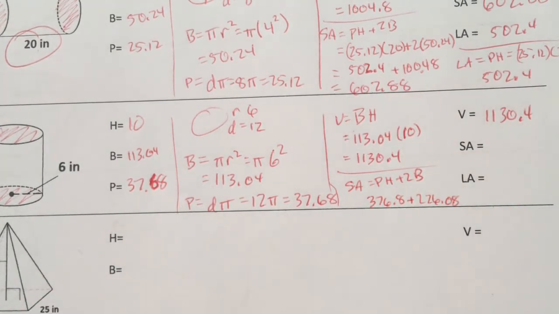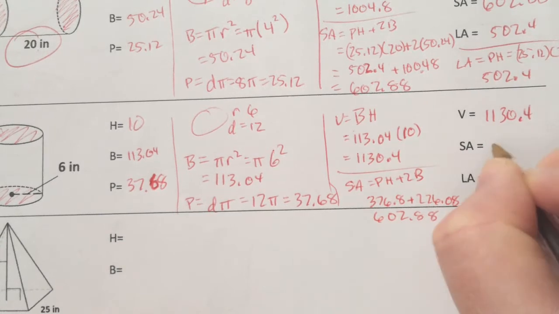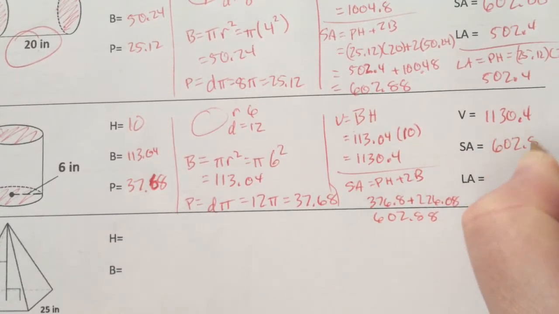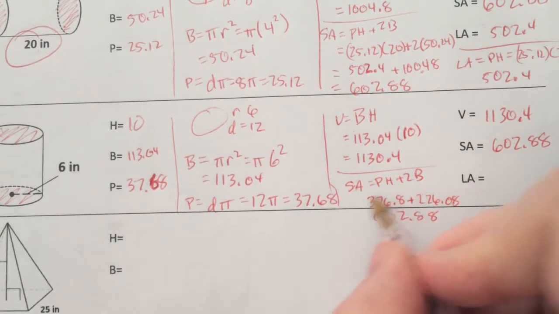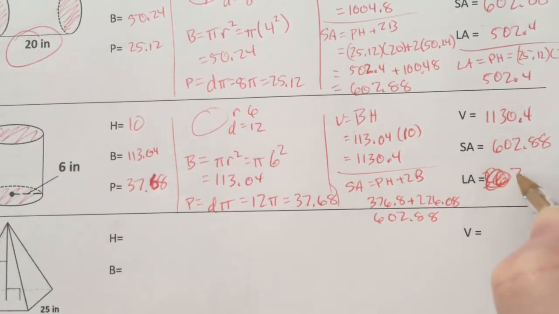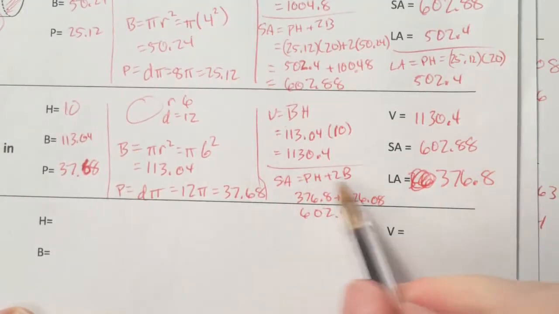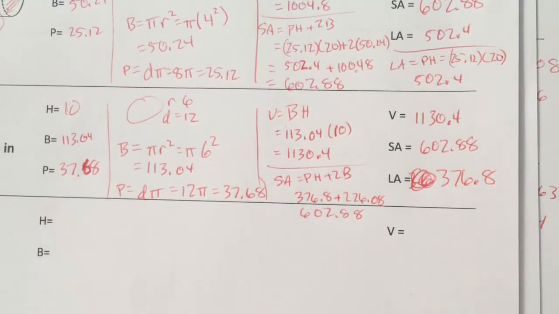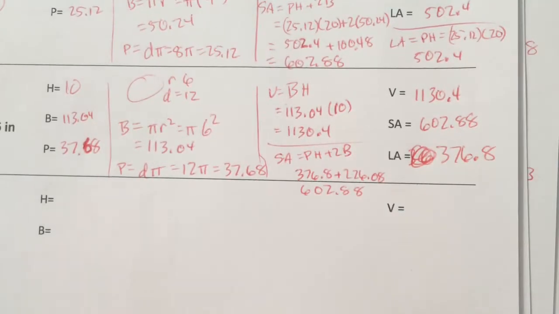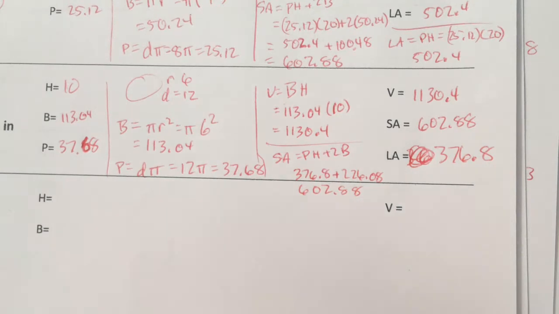Add those two together, you get 602.88. So that's your surface area. And your lateral area was just that beginning part, which was 376.8, which was just pH, right? Hopefully you're getting the hang of this. Once you get these things, you just plug it into the equation and pop out with what you get.